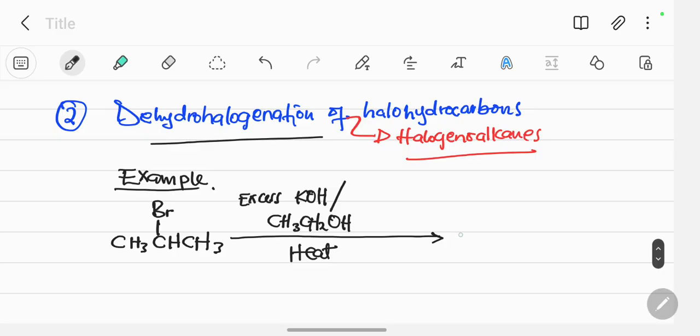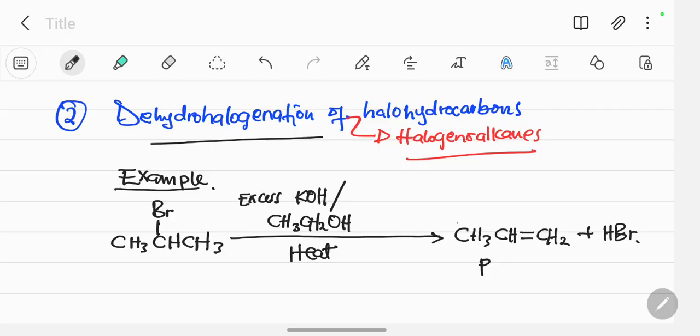What happens? We are forming CH3CHCH2 plus HBr. So what do we call this? First it's 1, 2, 3. So a compound with 3 carbon atoms, if it's an alkane, it's propane.